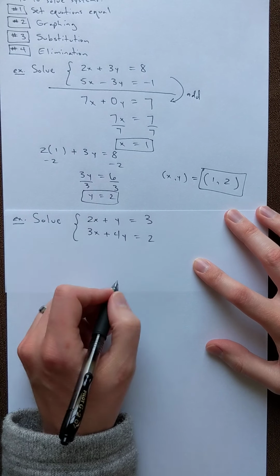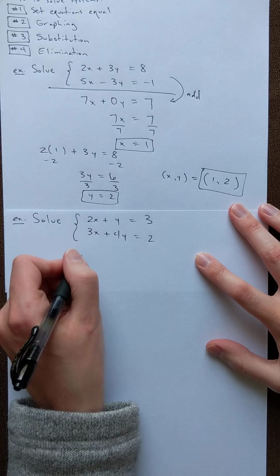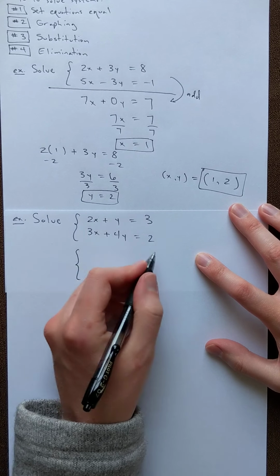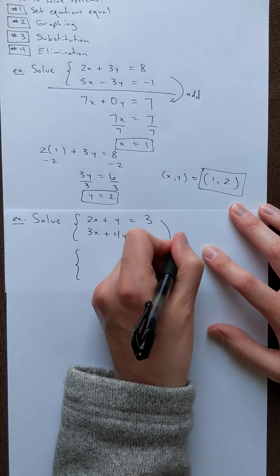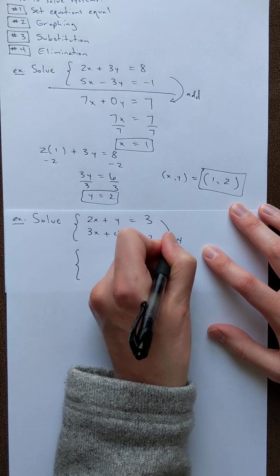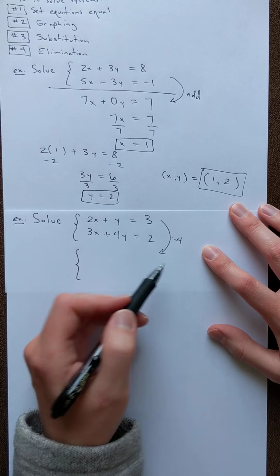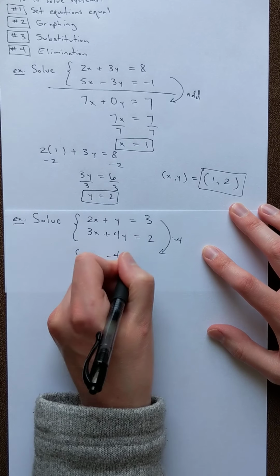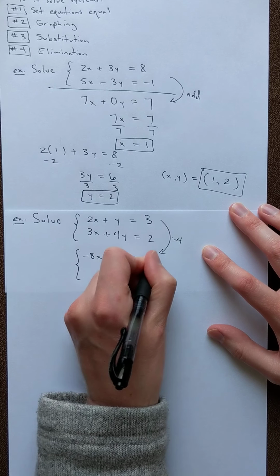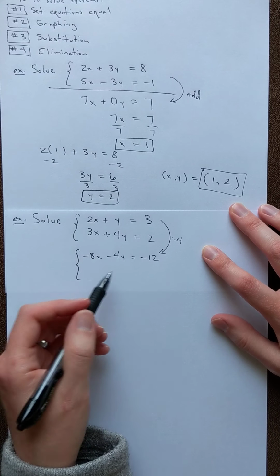And what I'm going to do, I'm going to organize this a little strange. I'm going to recopy both equations, but the only thing I'm going to change is I'm going to multiply the top one by negative 4. So top equation times negative 4 would be negative 8x minus 4y equals negative 12. And then the bottom equation, I'm not going to change at all.